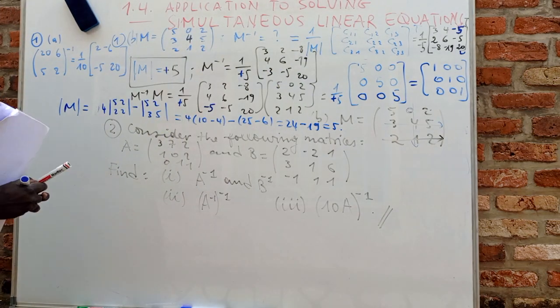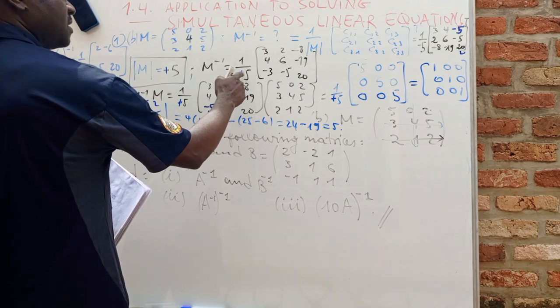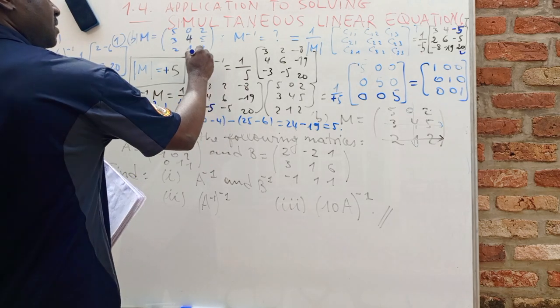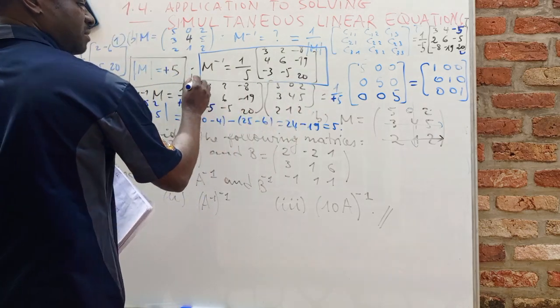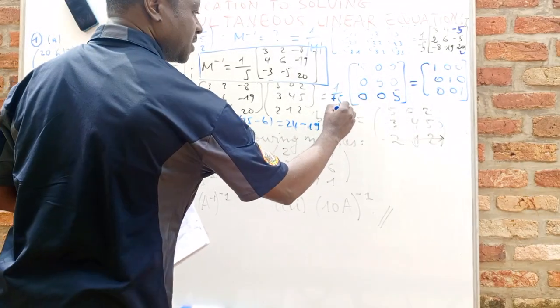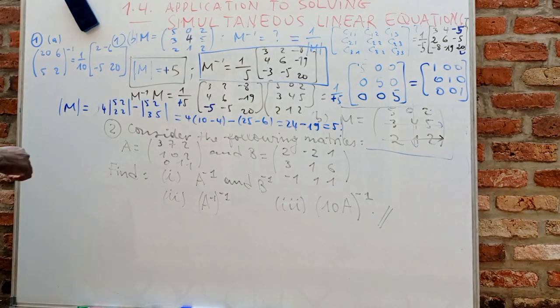Okay, now I'm sure that this inverse is positive here. It is the inverse of the matrix M here. I am sure. Okay, that was sub question B of question 1.